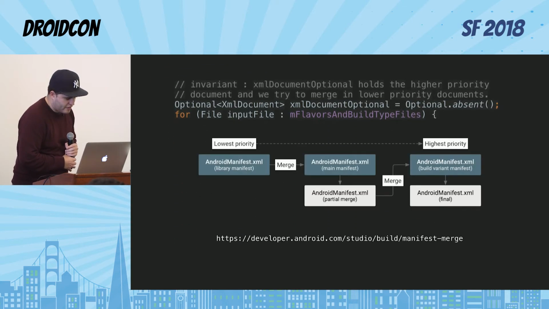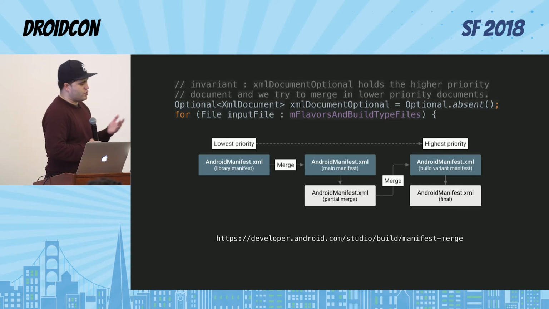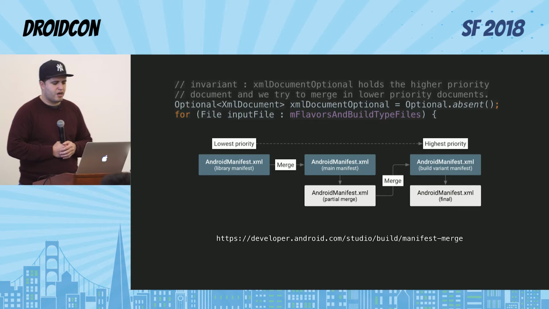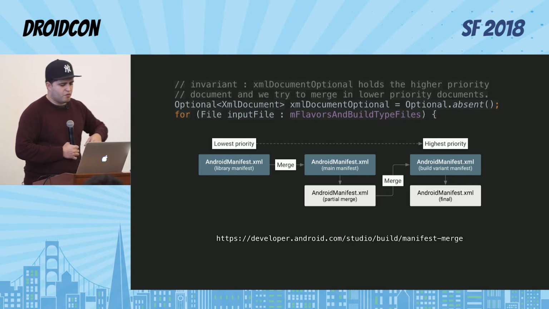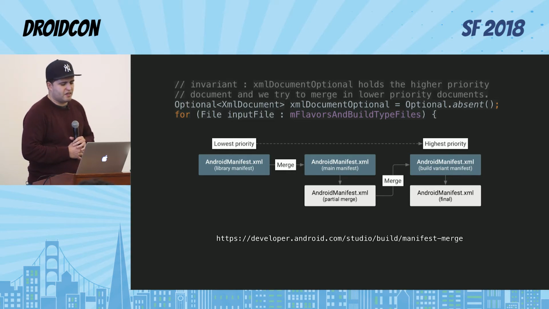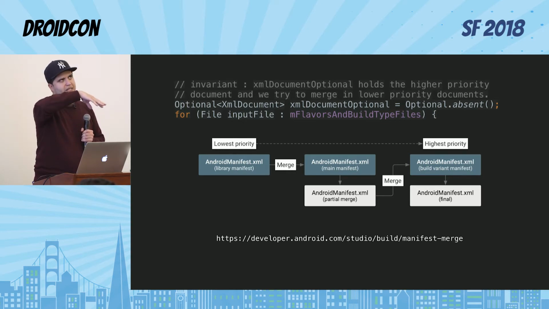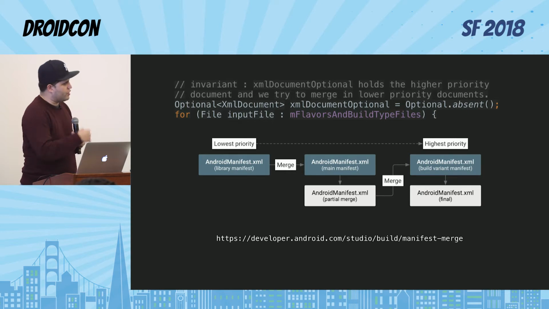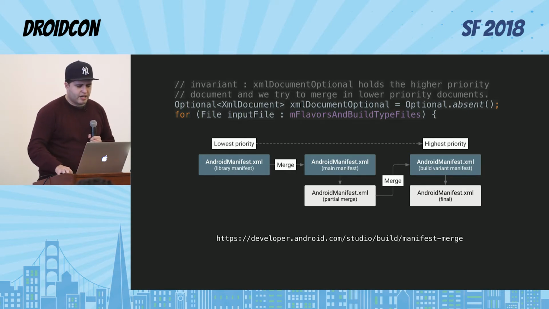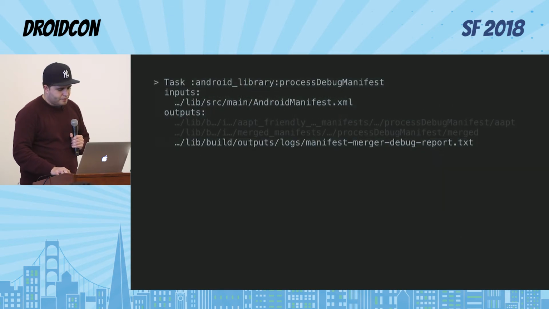Otherwise, it follows a priority like this: library modules get the lowest priority. If you're doing a variant build, the variant-specific manifest gets priority, and then is overlapped by anything in the main manifest that it didn't define itself. So the variant will override the main manifest, I should say. There are very complicated rules available at the developer doc site on how this works.